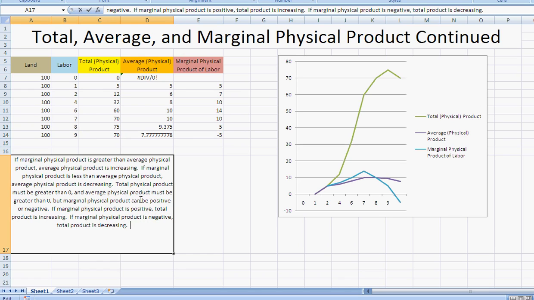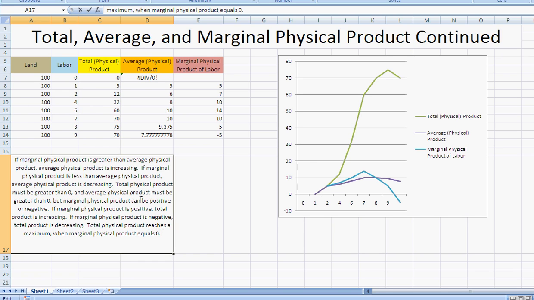So the very, very final thing is that total physical product reaches a maximum when marginal physical product equals 0. That is as productive as this farm can be. We can see that that is somewhere in between 8 and 9 units, and the way that Excel graphs things, it just puts them in one area or another.